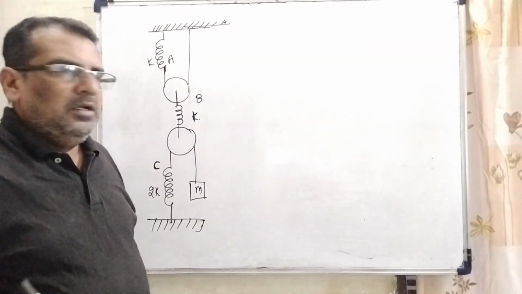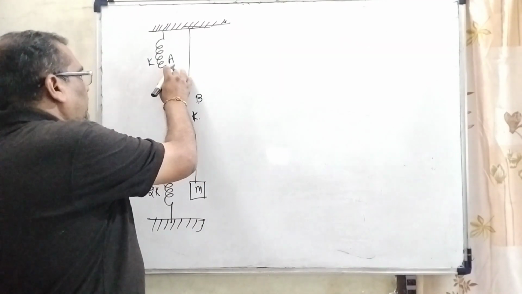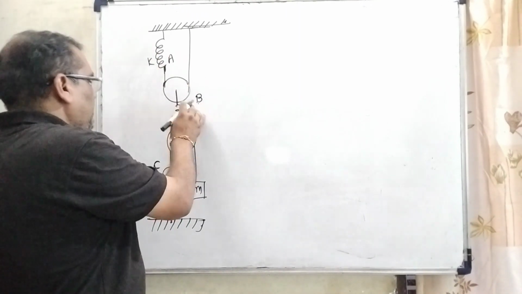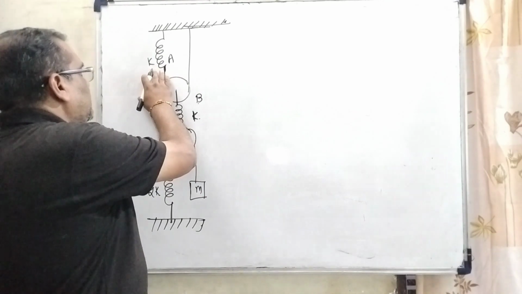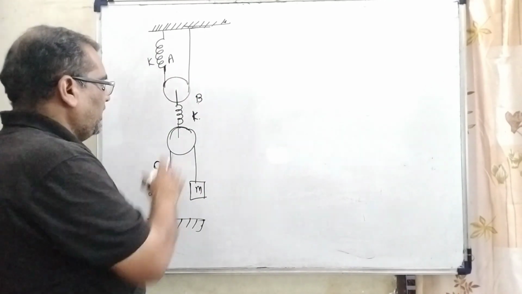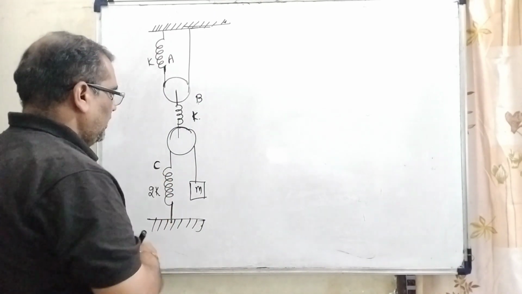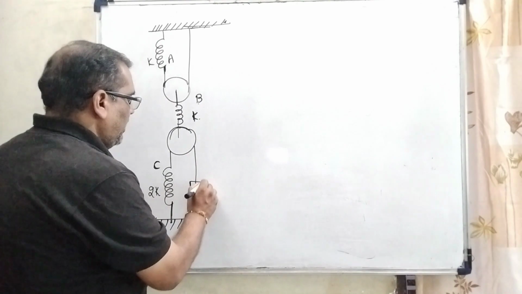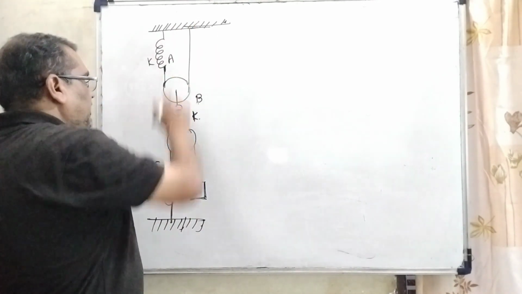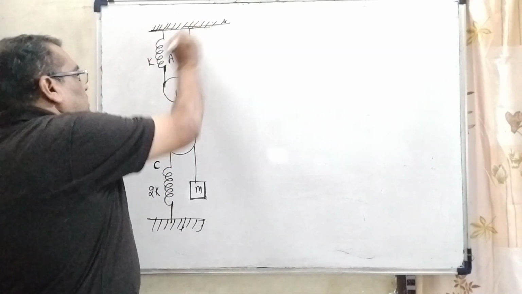Let's see what the question says. Here the springs A, B and C are connected over the pulleys. The spring constant of A is k, the spring constant of B is k, and the spring constant of C is 2k. The mass M is hanging, and the string is rigid and connected as per the constraint rule.